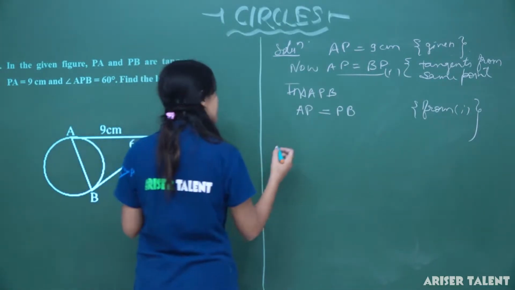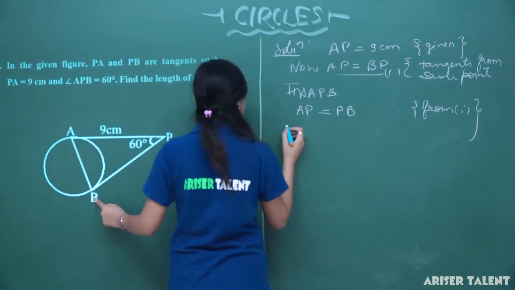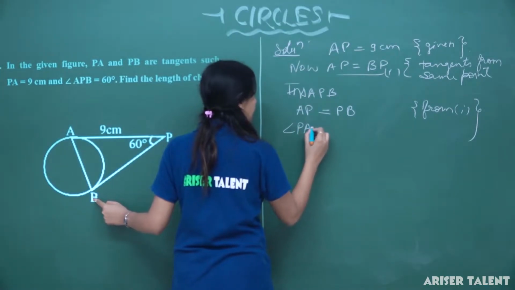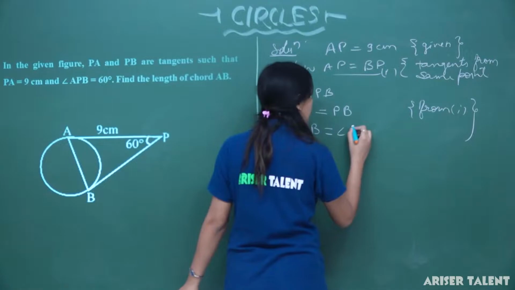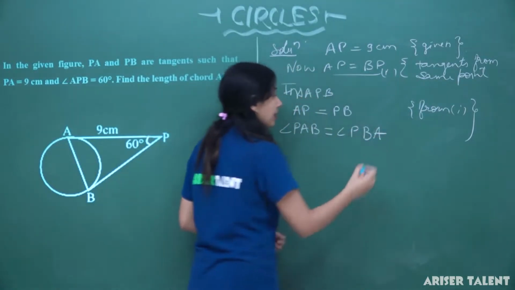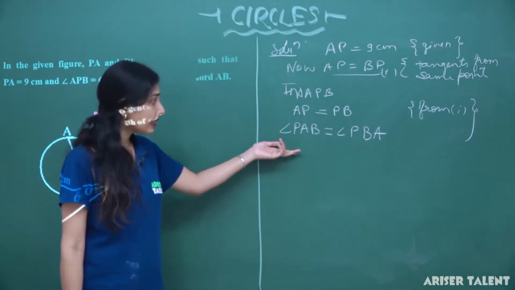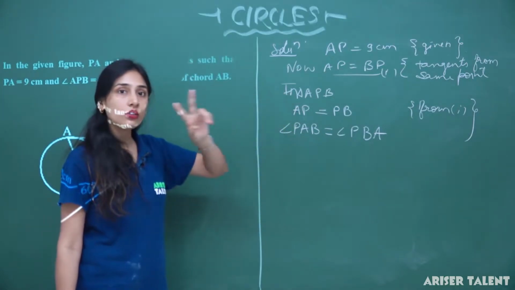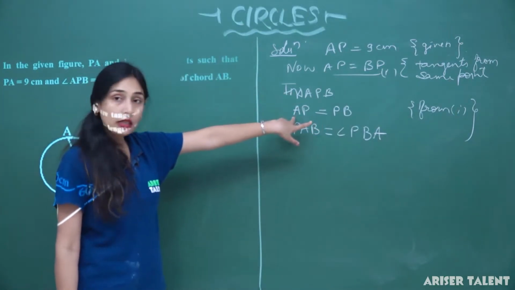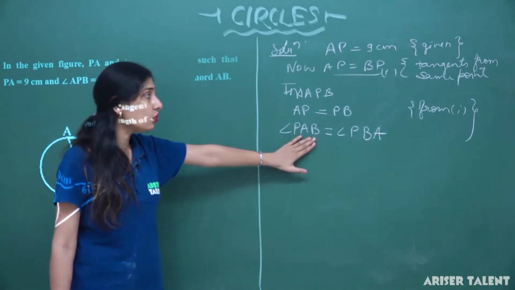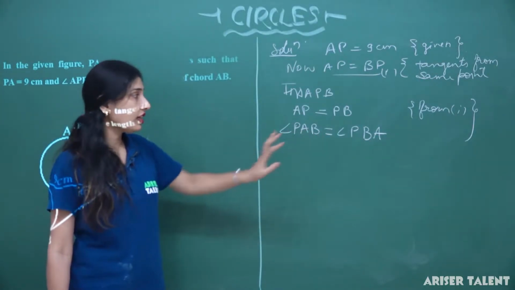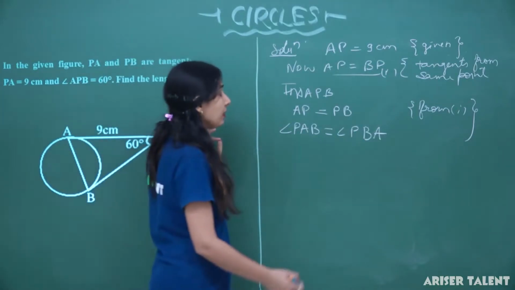Now what will this imply? That angle PAB will be equal to angle PBA. Why? Isosceles triangle, isn't it? Two sides are equal, so the angles opposite these two sides will also be equal. So we have written this.